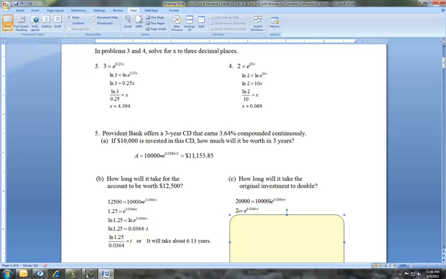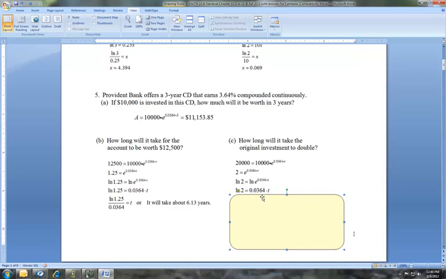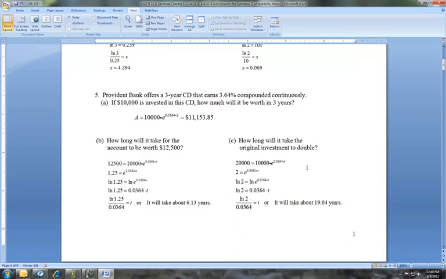Got to get my base, the e raised to whatever, isolated. Got to go free it out now. Let's take natural log of both sides to free out that 0.0364t. Last thing I've got to do is divide both sides by 0.0364. So see if you can come up with 19.04 years.